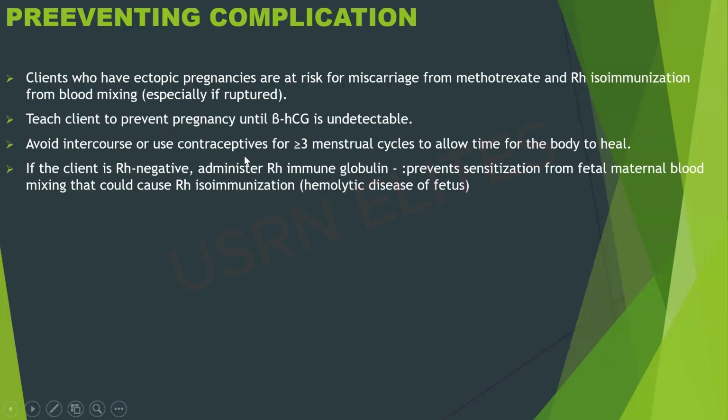How do we prevent? Yes, please. Ideally, a pregnant woman with cancer is contraindicated because it could cause cell division to stop in the uterus, even if the implantation takes place in the uterus, right?